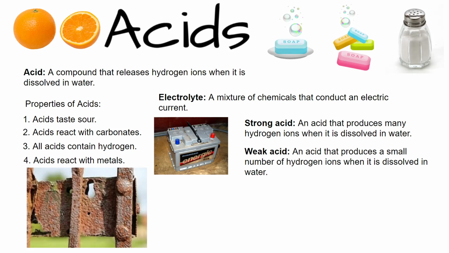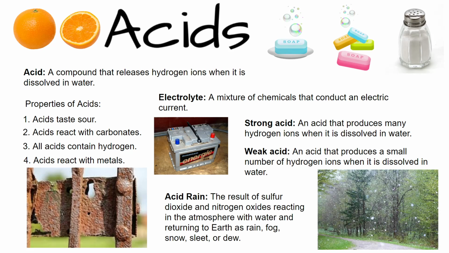One of the reasons acids are so useful to us is because they dissolve in water. But this property also contributes to an environmental problem: acid rain. Acid rain is the result of sulfur dioxide and nitrogen oxides reacting in the atmosphere with water and returning to Earth as rain, fog, snow, sleet, or dew.